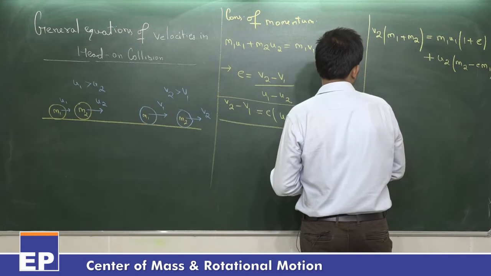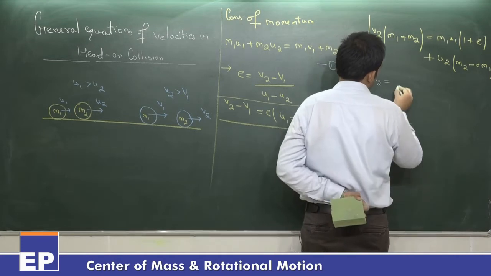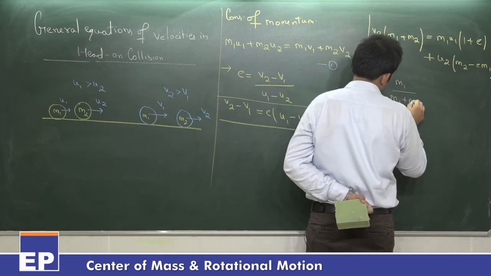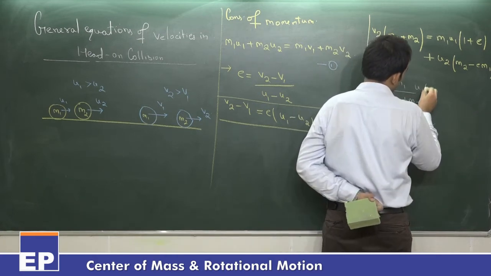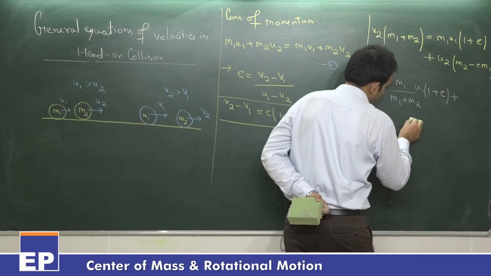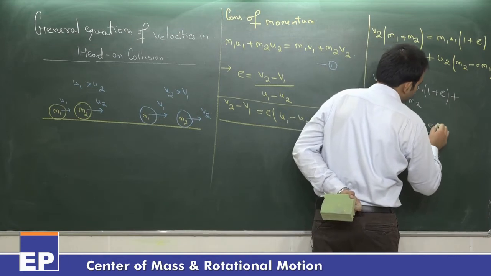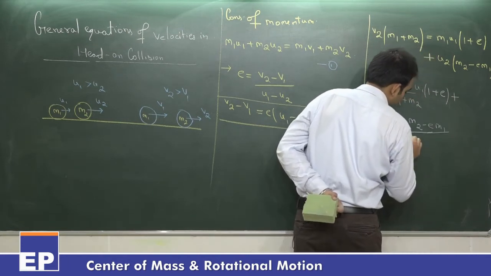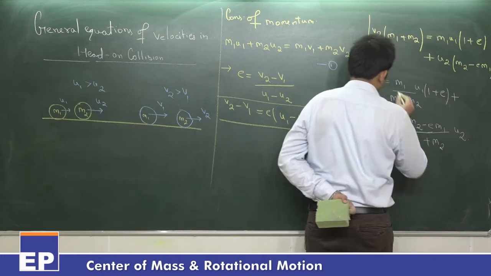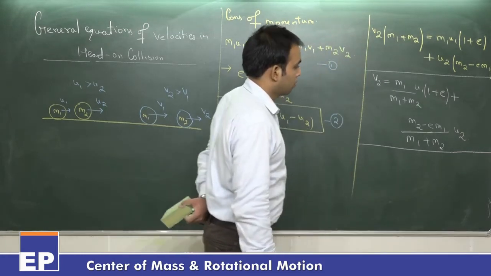So what is the value of v2? v2 will come out to be, that is u1 into 1 plus e, that is m1 by m1 plus m2 into u1 into 1 plus e plus m2 by m2 minus e m1 by m1 plus m2 into u2. This is the value of v2.